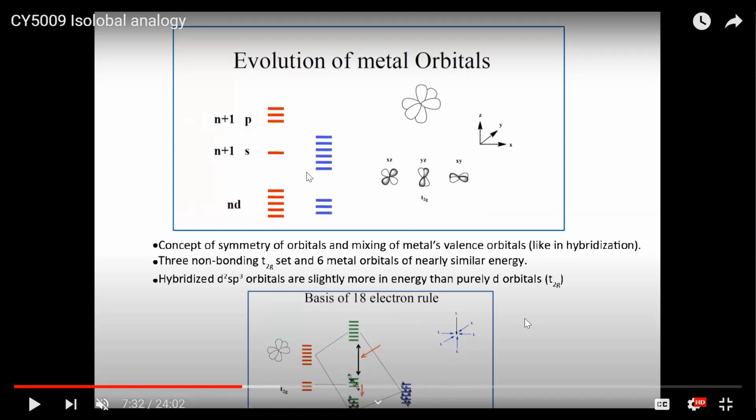It is not 6, it is less than 6. But that does not affect the stability of a complex, because these are non-bonding electrons. So therefore, less than 18 electrons can also be stable. Now, more than 18 electrons are also sometimes stable, because if this energy gap is very low, then more than 18 electrons can also be stable. But the majority of complexes will follow the 18 electron rule, because this energy gap is quite large. So that's what we had studied in the past.